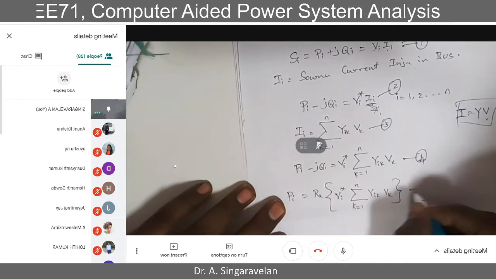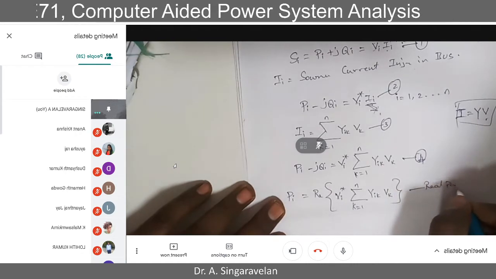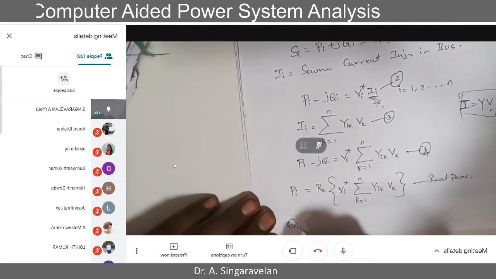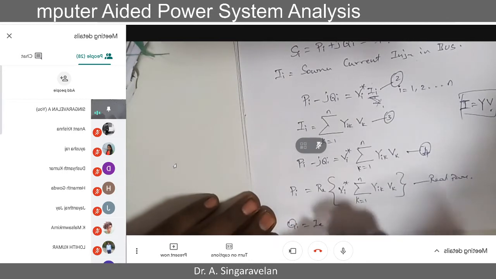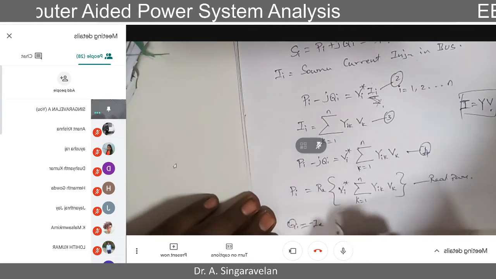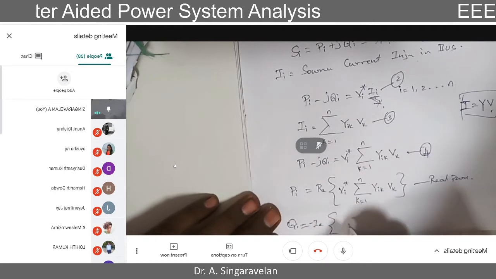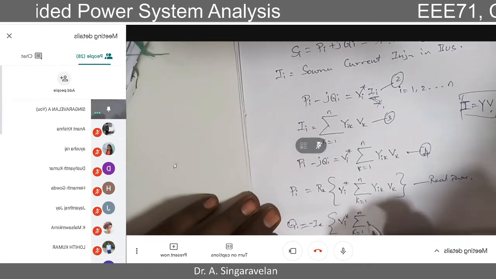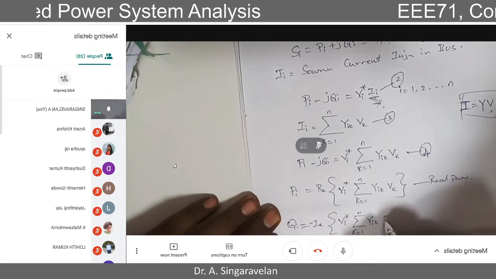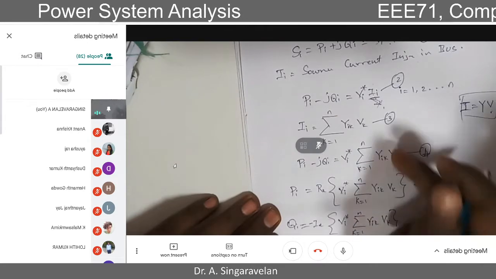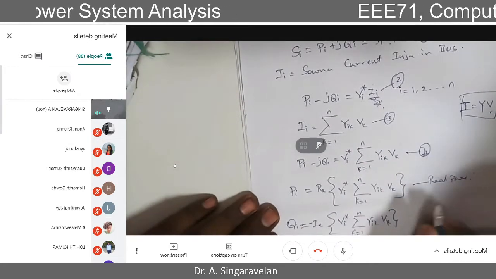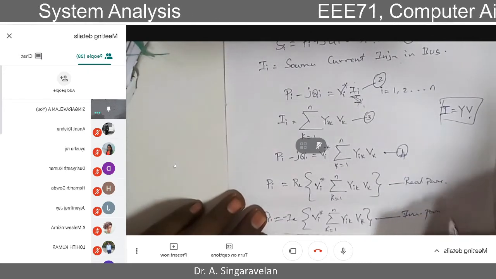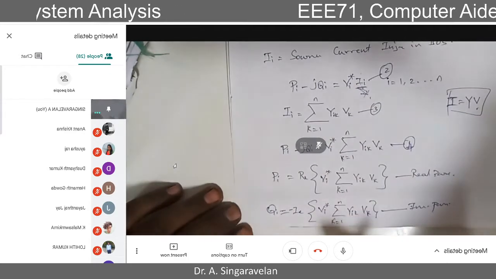So this is nothing but my real part of equation 4. And if I take the imaginary part, then Qi is equal to minus imaginary of Vi star, k equal to 1 to n, Yik Vk. So I just split the real part and the imaginary part. So this equation I just split out.